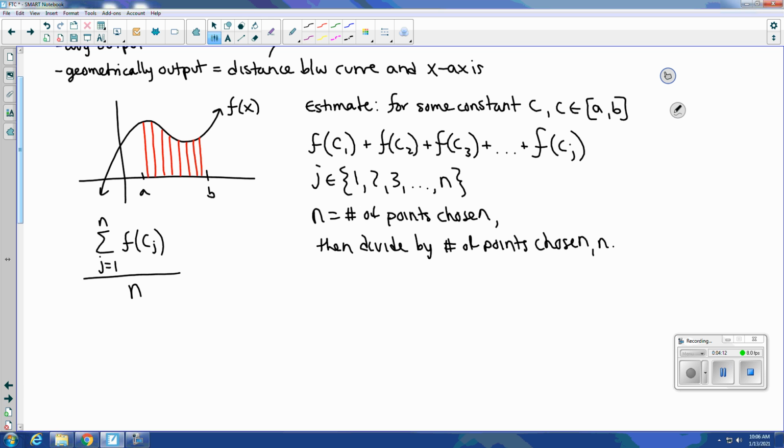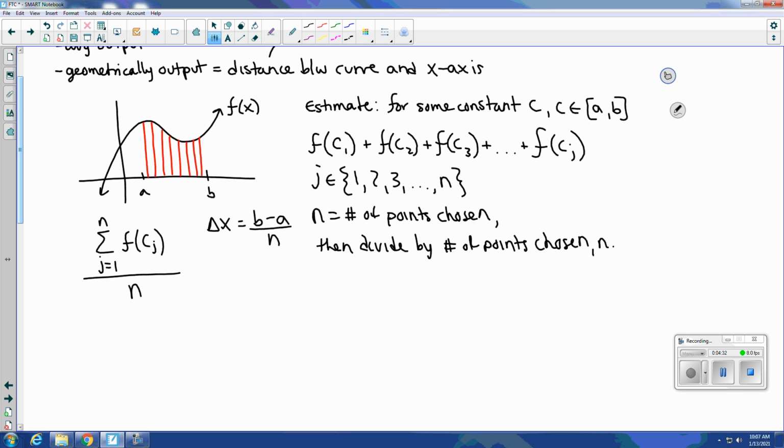And to do that, we take the length of the interval and divide by the number we want. That's going to get our difference in x to get these things equally spaced.